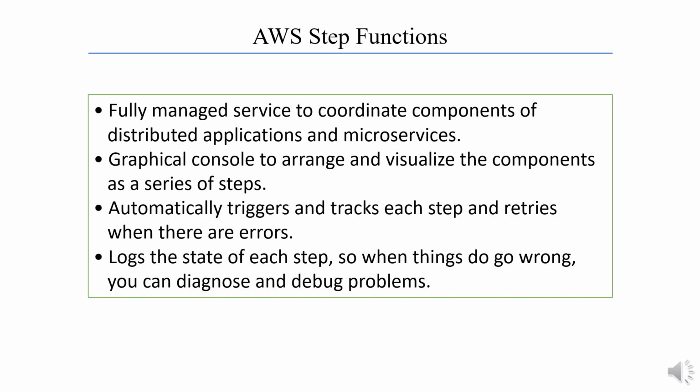You can change and add steps without even writing code, so you can easily evolve your application and innovate faster. Step Functions is a reliable way to coordinate components and step through the functions of your application.